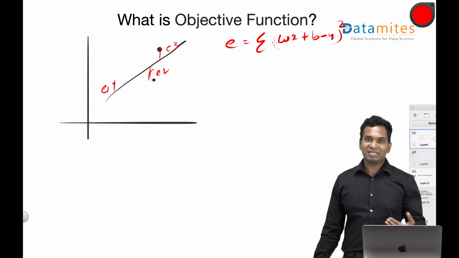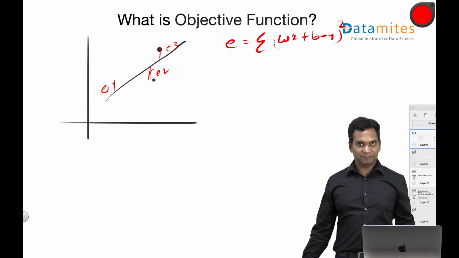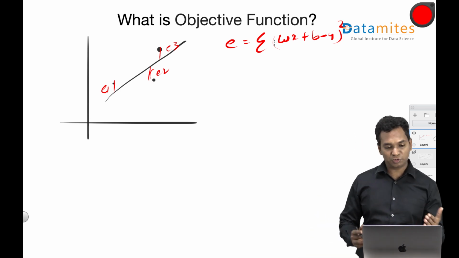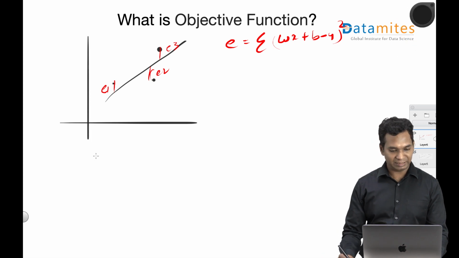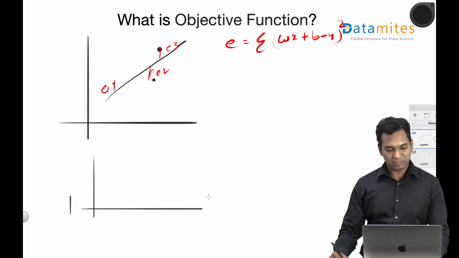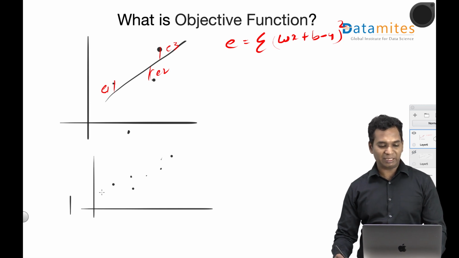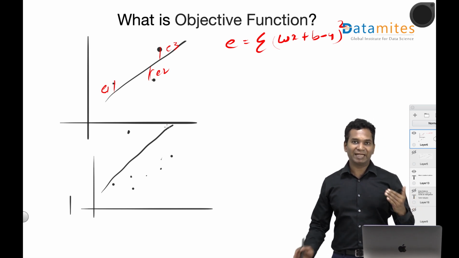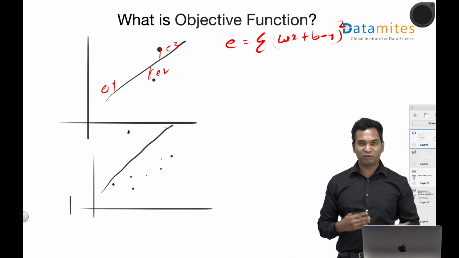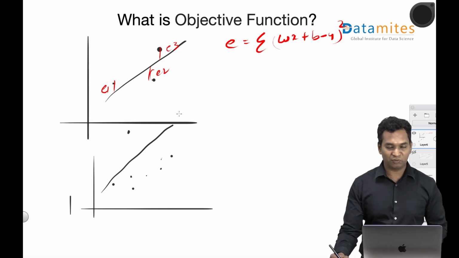So this doesn't give you any control over the algorithm. There might be situations where you have data like this, a lot of data here and one record over here. Because of this, your line might actually go this way. Because of one outlier, one extreme value, your line is drifted towards that, and it doesn't really work well for any of this data.